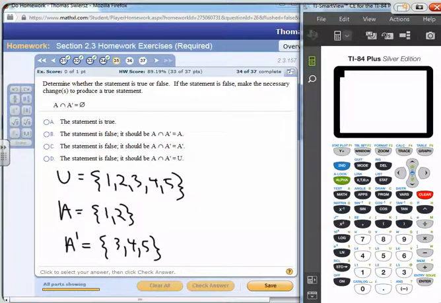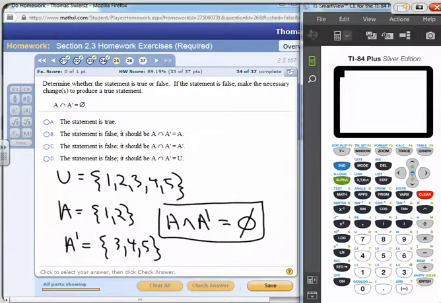So when you intersect A with A complement, these are in A, these are the ones not in A. Nothing is ever going to be in both A and A complement, so it's always going to be the empty set. So that is definitely a true statement, okay?